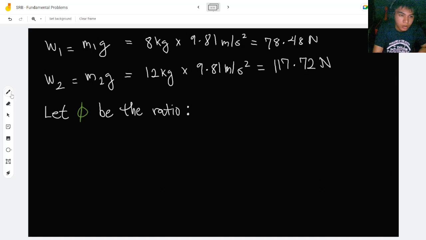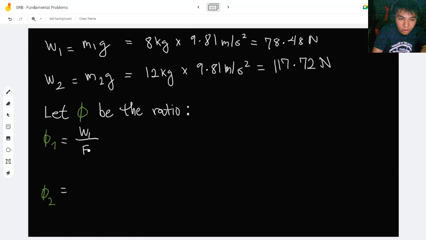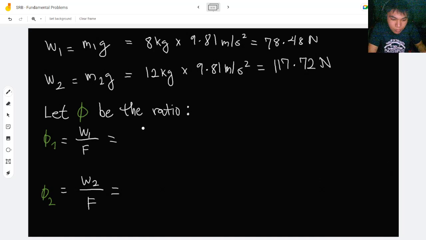Okay, so we have again two answers for this one. We have phi sub 1 and phi sub 2. And that will be the weight over the force, weight 1 over the force, and this would be weight sub 2 over the force. And again, we're just substituting values for this one.